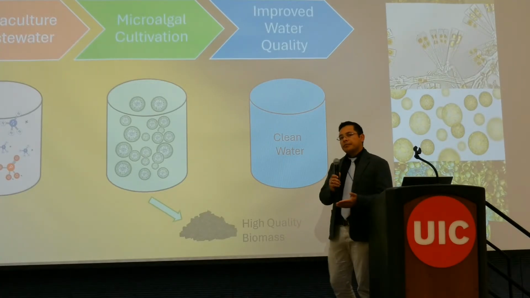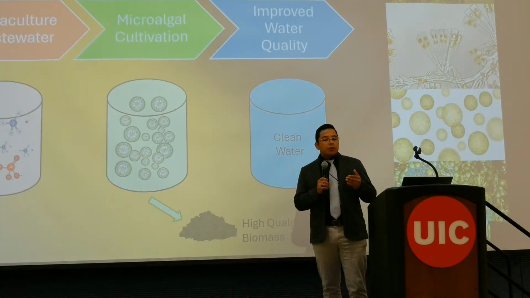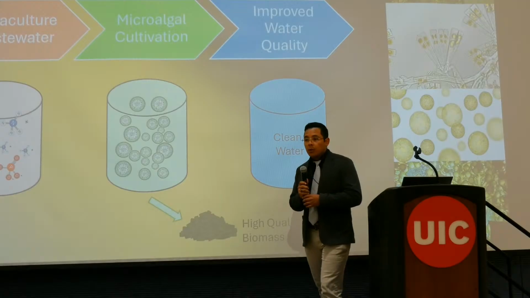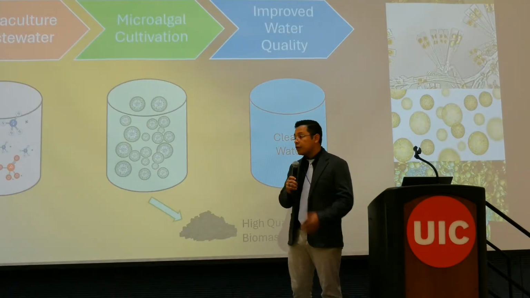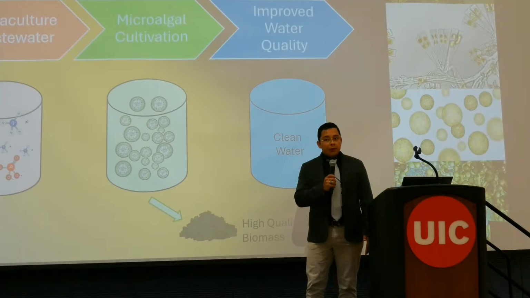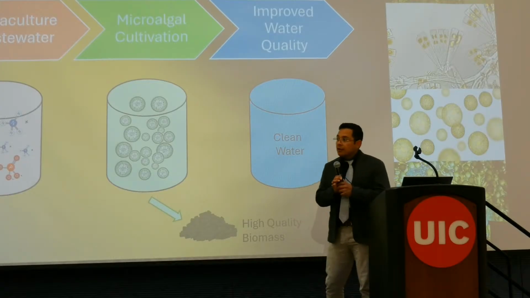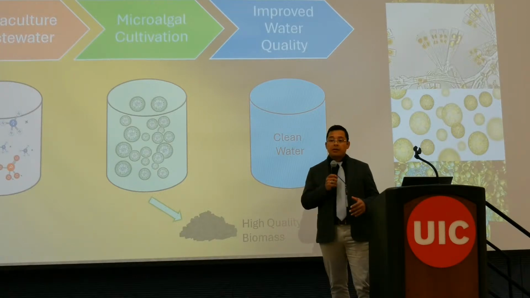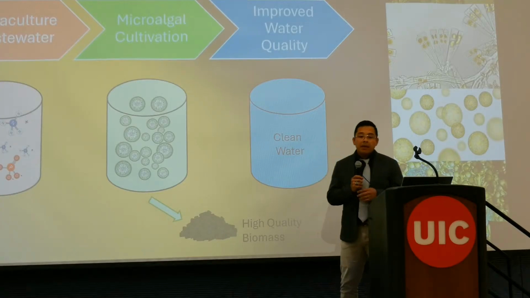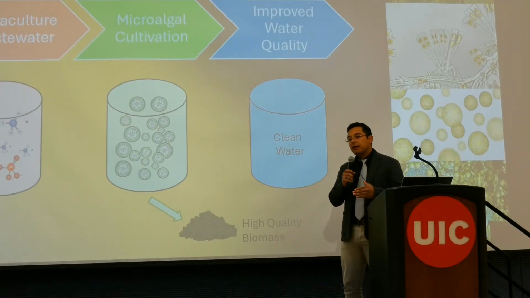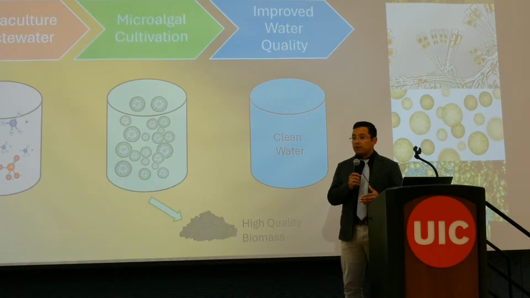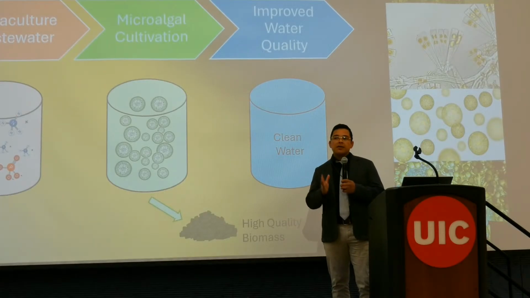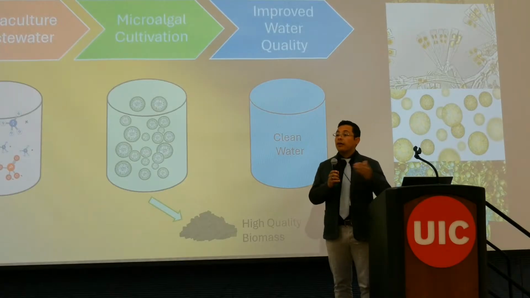Our goal was to reduce the nutrient load on wastewater, but also produce biomass in the process. Our main goal was removing remaining nutrients from the waste stream, and also we thought of optimizing the cultivation process, not only biomass, but something that can be useful for other applications.